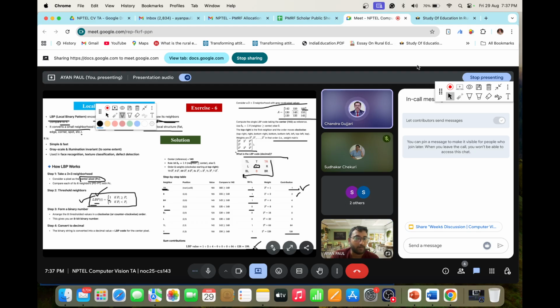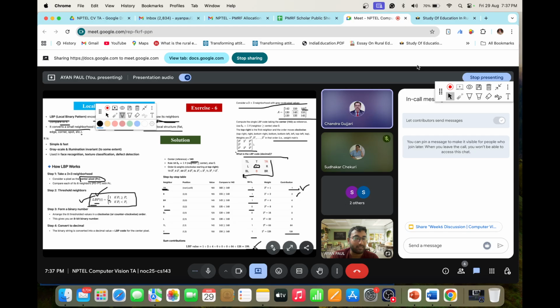What does it mean, sir? The center pixel means in the matrix the center code we have to consider, right? The center pixel is the middle pixel. Like if you have this 3 cross 3 matrix, then the second row second column point will be your center pixel.